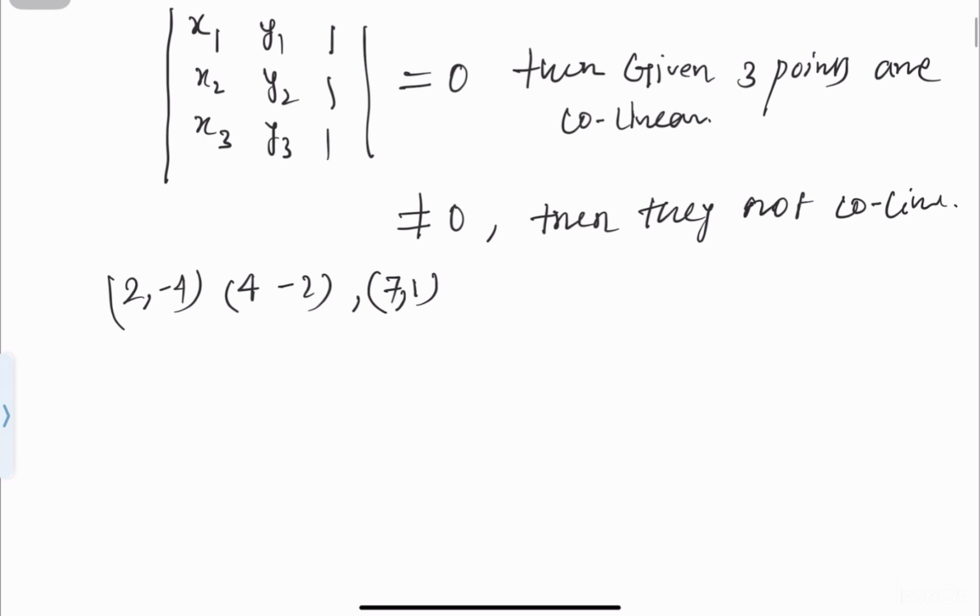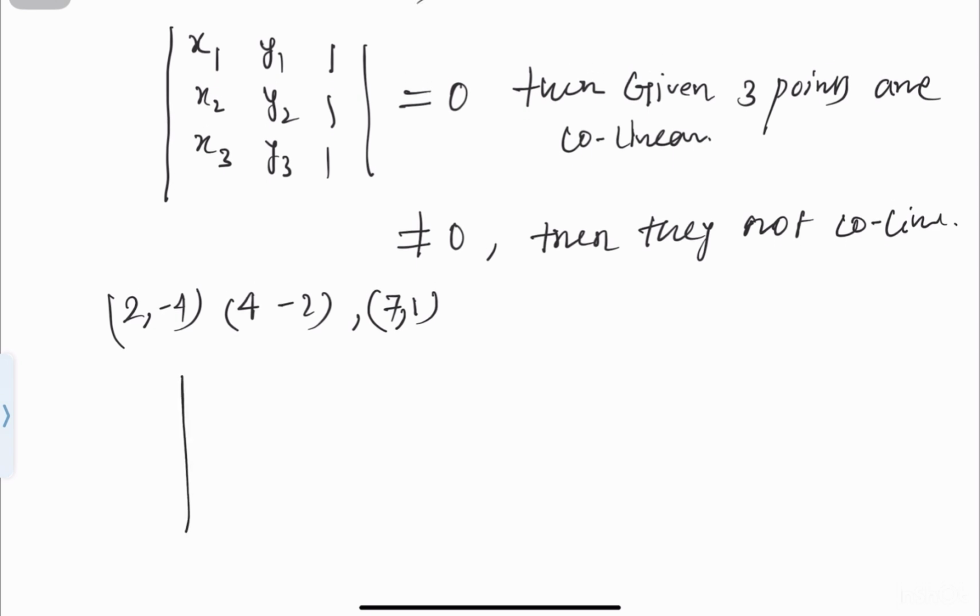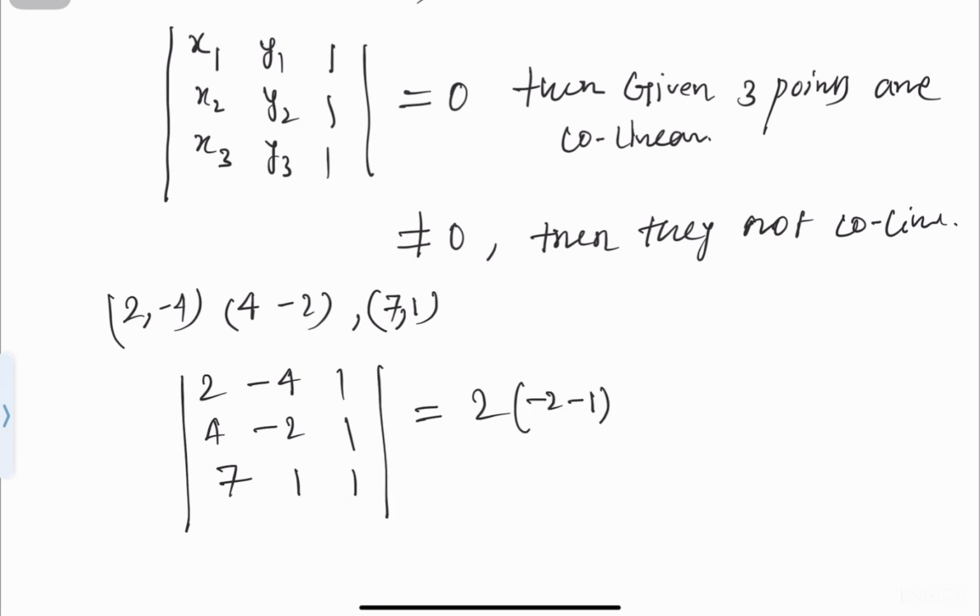Now just put the values. What is the x1 value? 2, y1 minus 4, 1. 4 minus 2, 1, and 7, 1, 1. Just find the determinant value. 2 times minus 2 minus 1, plus 4, 4 minus 7, plus 1 times 4 plus 14.